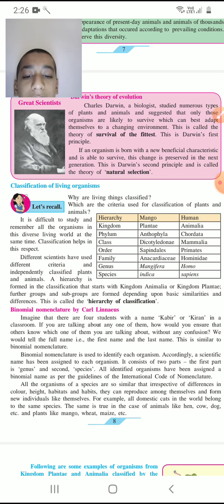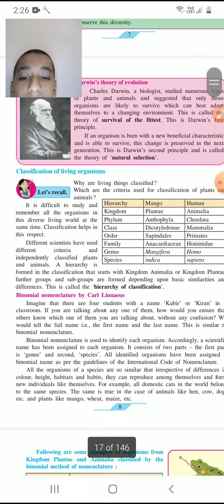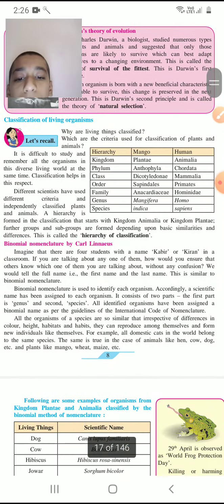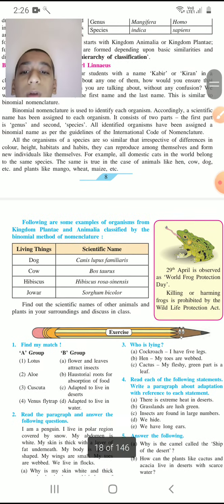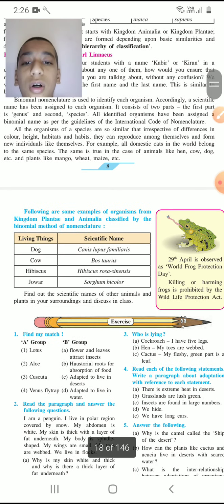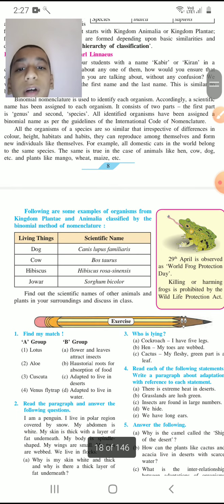The same is true in the case of animals like hen, cow, dog, etc., and plants like mango, wheat, maize, etc. Here again one diagram. Following are some examples of organisms from kingdom Plantae and Animalia classified by the binomial method of nomenclature.